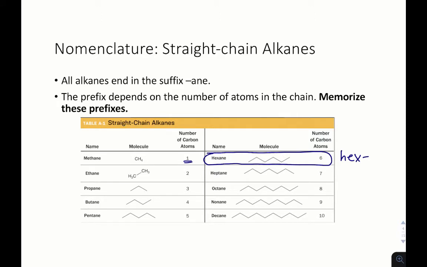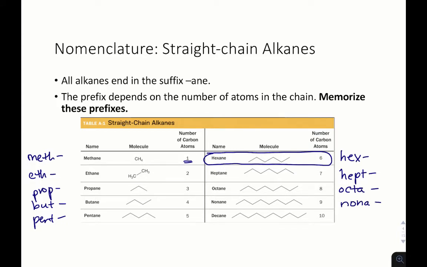Let's go back to the beginning. When there's 1 carbon, the prefix is meth, 2 carbons eth, 3 prop, 4 but, 5 pent, 6 hex, 7 hept, 8 oct or octa, 9 nona, and then 10 deca.